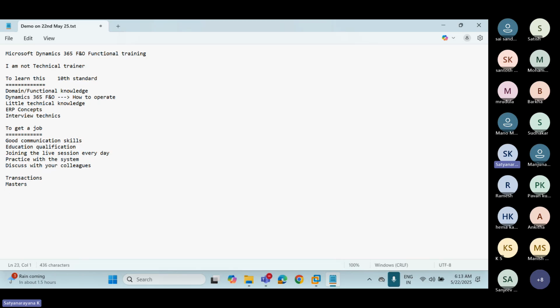Then I will explain setups and configurations, and then parameters. Next, I will create a new legal entity. Then parameters, setups and configurations, then masters, then transactions. So this is a sample project.